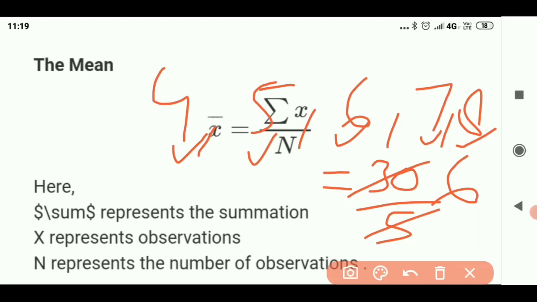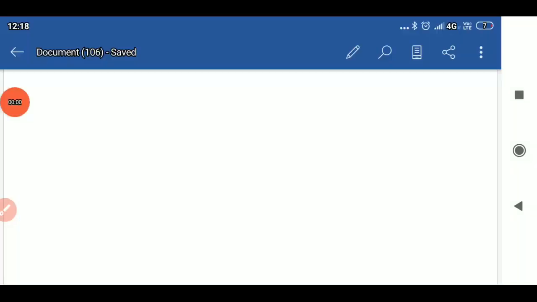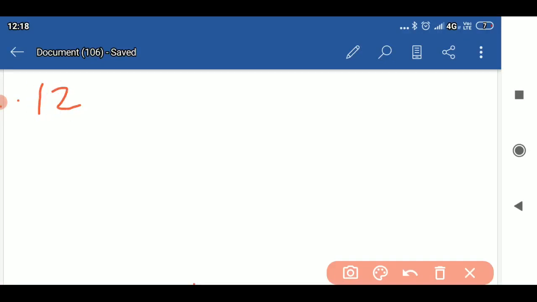Understood? So what I will write here: 30 was the sum, and the number of observations 5, so the mean is 6. Now let's take the values 12, 15, 17, 19, 22.